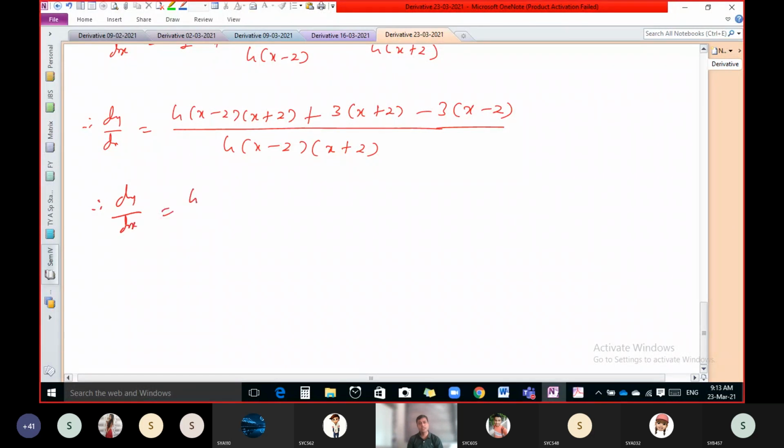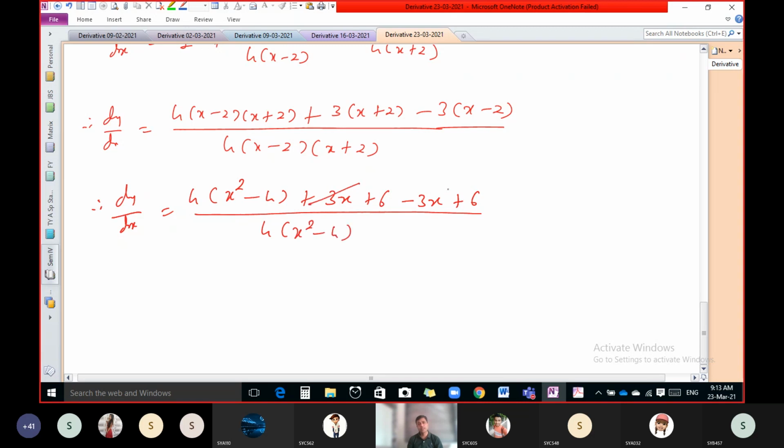Keep this 4 as it is. What is (x − 2)(x + 2)? x² − 4. Yes, plus, simplifying this, we get 3x + 6 − 3x + 6, upon 4(x² − 4).